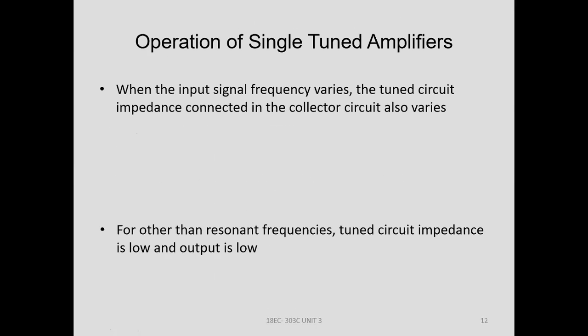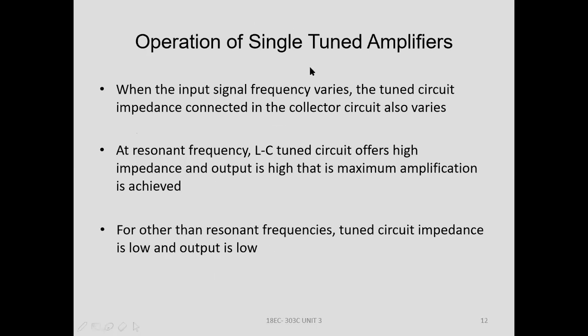Operation of the circuit. When the input signal frequency varies, the tuned circuit impedance connected in the collector circuit also varies. Based on the applied input signal, the impedance of the tuned circuit varies. At resonant frequency, the LC tuned circuit offers high impedance.